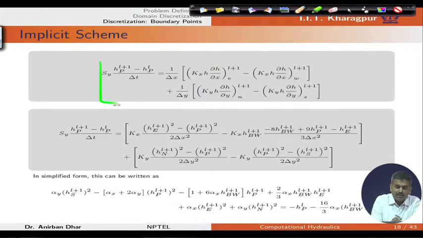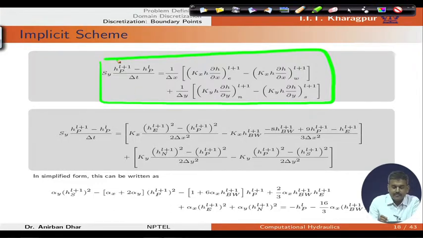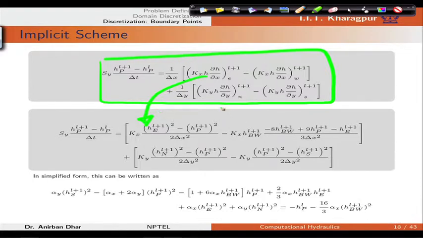This is our original equation in discretized form. On the right hand side, for the eastern face, we can directly use the form that we have utilized for interior nodes. For the northern face, again we can use the same thing.